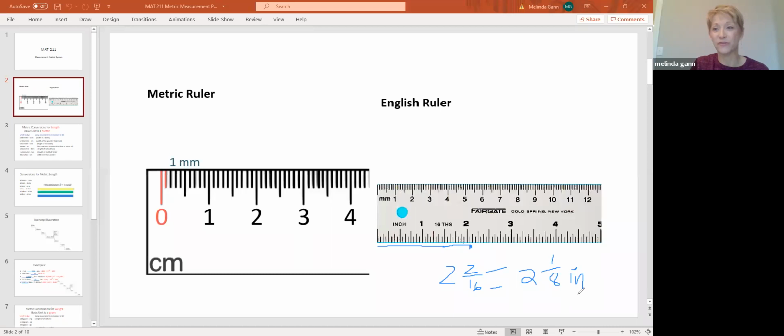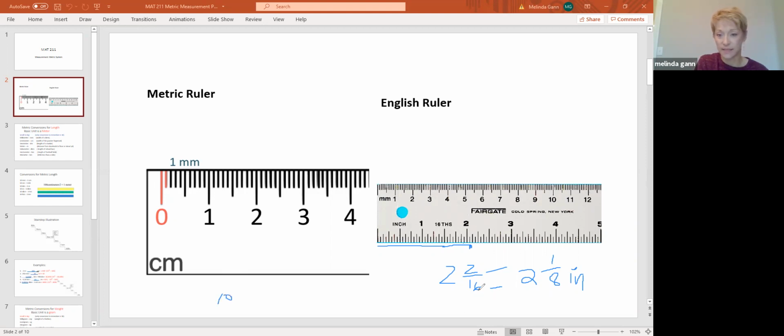Now, let me show you why the metric ruler is way easier. Count how many tick marks here. 1, 2, 3, 4, 5, 6, 7, 8, 9, 10. So there's 10 between each one. So now my bottom number is going to be 10.